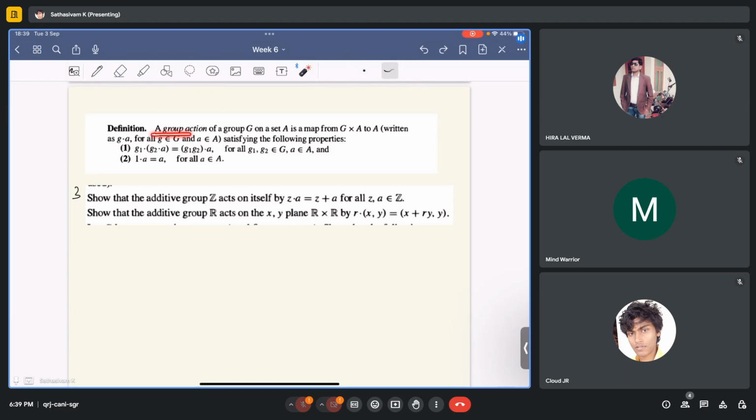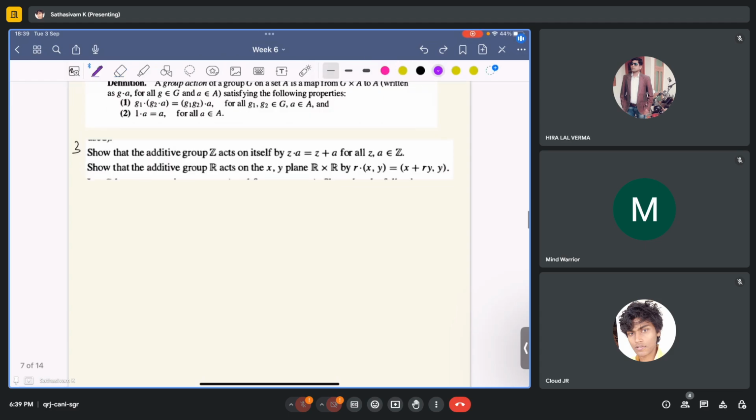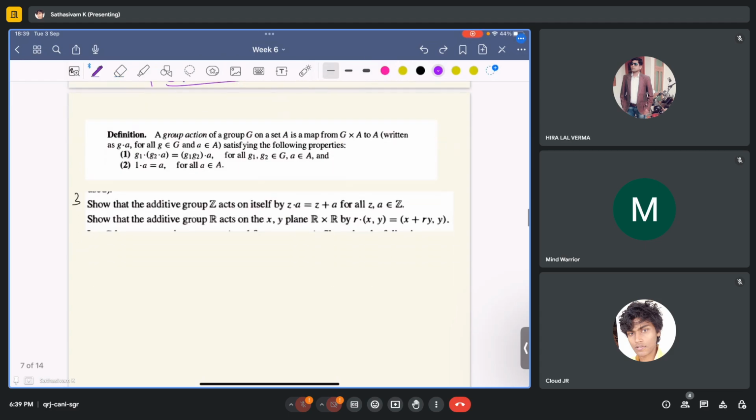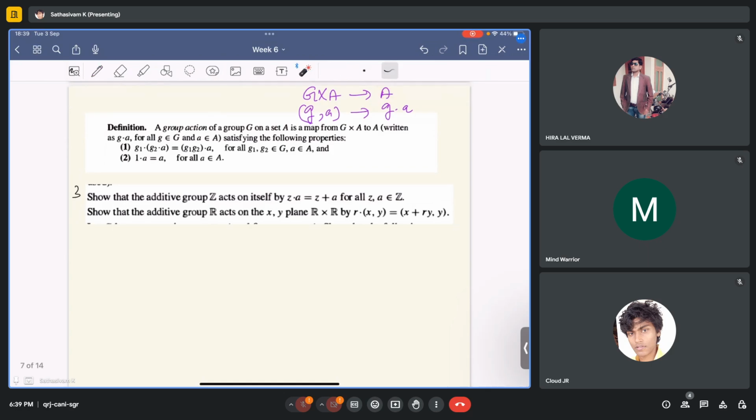The group action of a group G on a set A is a map from G cross A to A. You take G comma A and map it to G dot A, which is again an element of A, and it has to satisfy some properties.